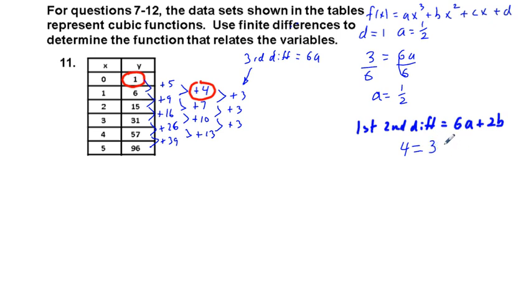So if we subtract 3, we have 1 equals 2b. And so what accordingly is b going to be equal to? Should be 1/2. So b is equal to 1/2.